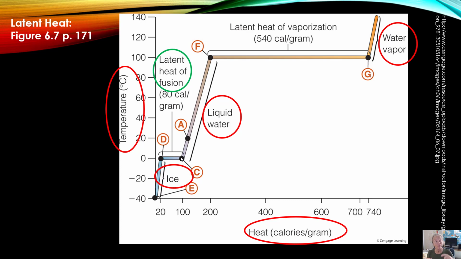The latent heat of fusion means the amount of heat it takes to make something solid, but that would be the opposite, because solids don't move around. See, this is how you should think about it. Solids don't move around as much as liquids do, right? So they have less energy.